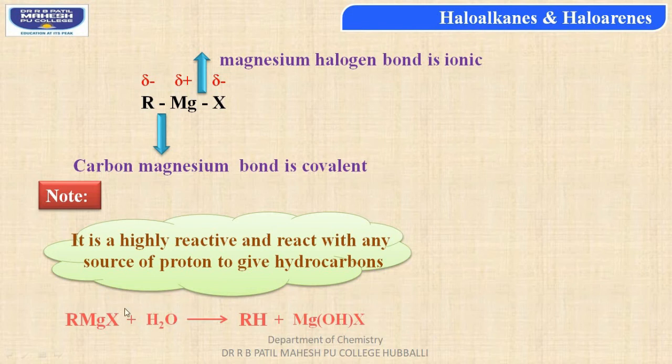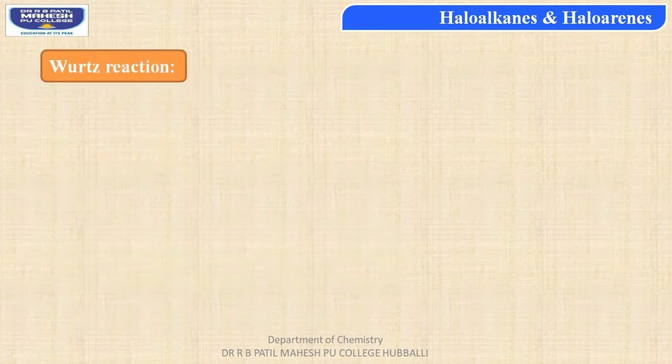When Grignard reagent reacts with a water molecule, the alkyl group combines with that proton to form RH, that is, a hydrocarbon would be formed, and the OH group from the water combines with MgX to form magnesium hydroxyhalide, that is MgOHX.